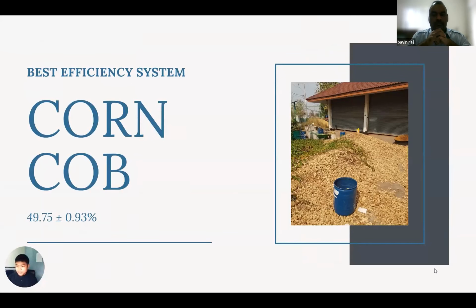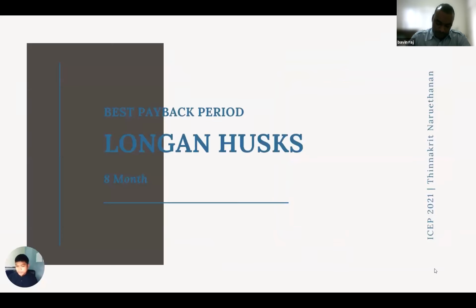So the best efficiency system in this work, the best biomass for high efficiency of system is corncob, about 49.7 plus minus 0.9%, and the best for payback period is mountain husk about 8 months.